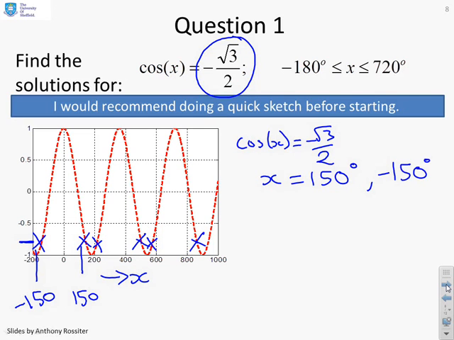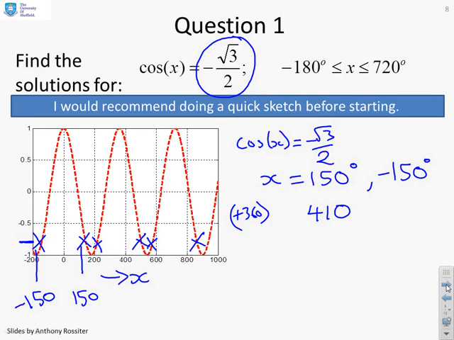So I'll write those two down, 150 and minus 150. The next thing I know is solutions repeat every 360 degrees, so I can just add 360.